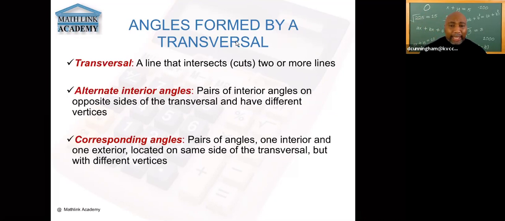Corresponding angles are pairs of angles where one is interior and the other is exterior, located on the same side. The key is that it's the same side of the transversal. Let's look at some examples of transversals, alternate interior angles, and corresponding angles.